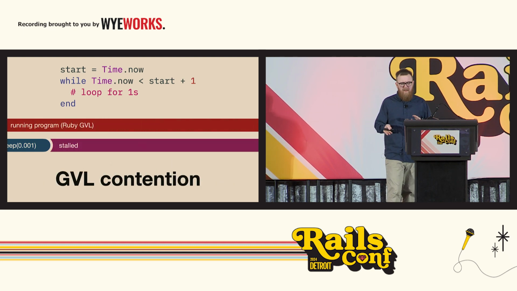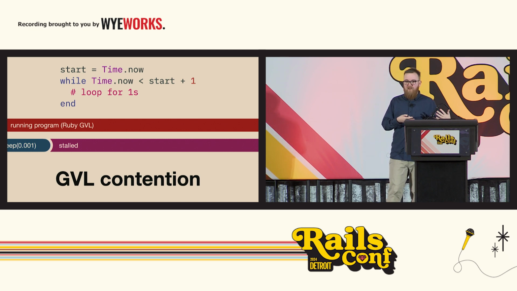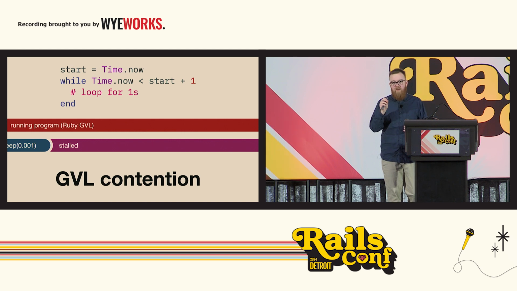I think I got 20 when I tested this. And that's because we run into GVL contention. Ruby has a global lock, the global VM lock, which only allows one thread to execute Ruby code at a time.